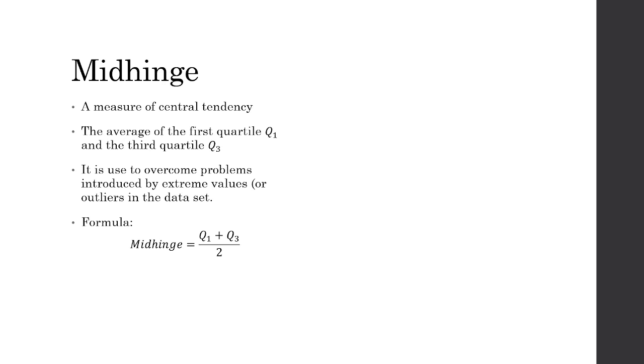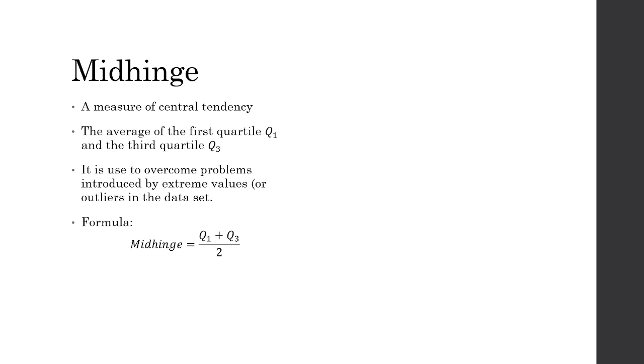In any case, we have here our mid-hinge. Mid-hinge is actually a measure of central tendency, as you may notice here. You will be using the first quartile and the third quartile for the computation of mid-hinge, wherein it is used to overcome the problems introduced by extreme values or outliers in the dataset.